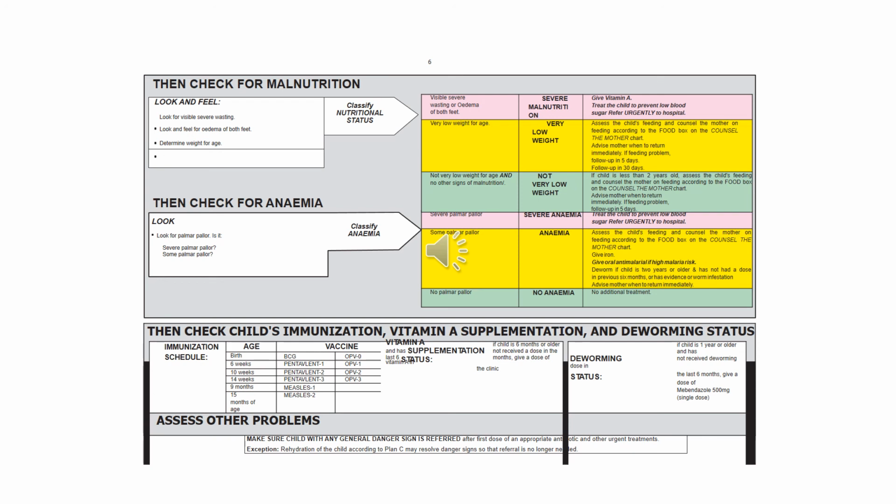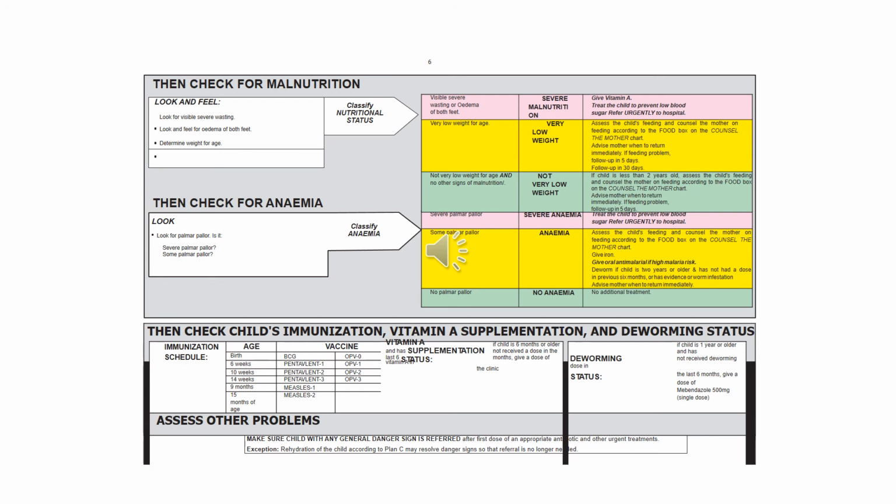Then after that, you have to check the immunization status of the child according to the EPI schedule, as I'm not going to go into the detail about it, and also the vitamin A supplementation status. You can give a prophylactic vitamin A single dose at 9 months with measles immunization if it has not been done.